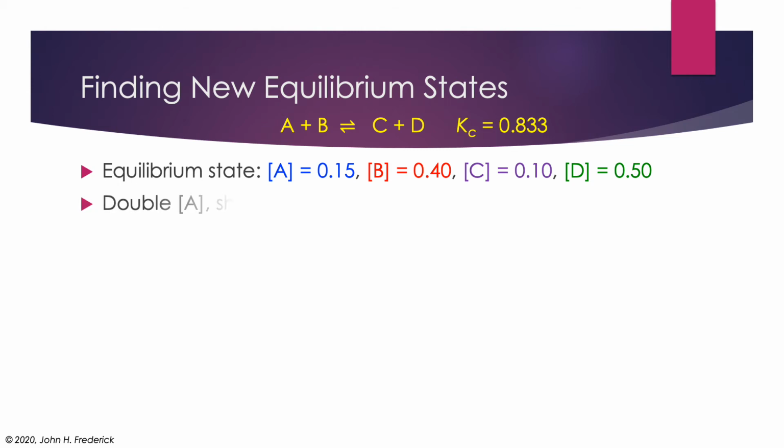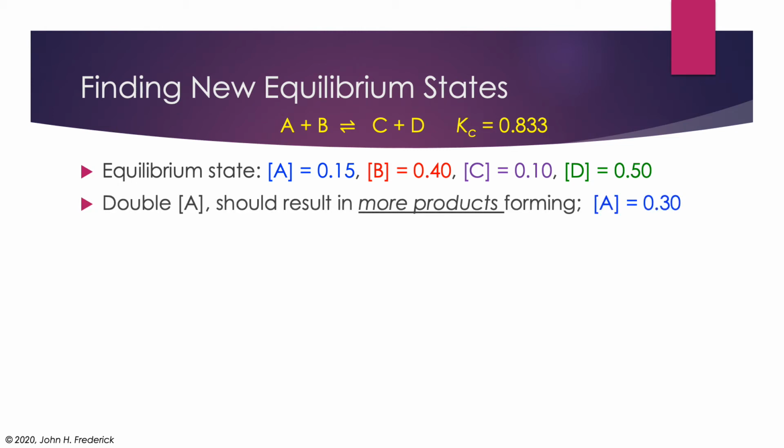Now, to disturb this reaction, I'm going to double the concentration of A. So I'm going to raise it from 0.15 to 0.3. Now, we know from the previous slide that adding A means I should result in more products forming. Okay, I'm emphasizing this because I want this to be an expected result. All right, so now our new concentration of A is 0.30.